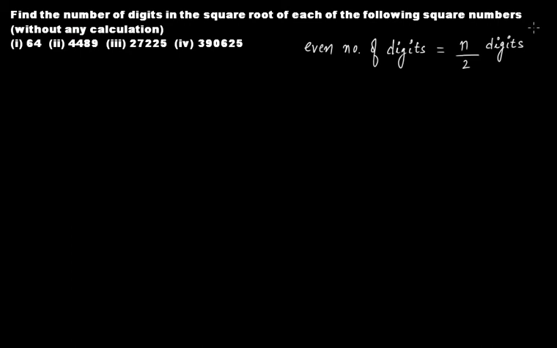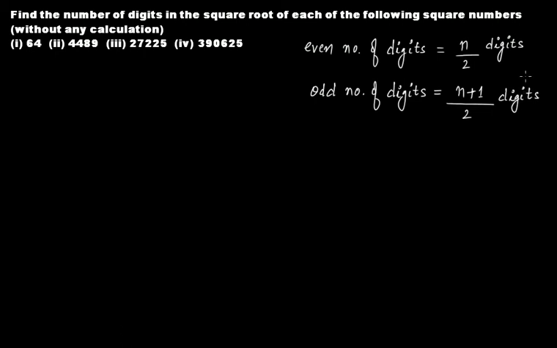We have discussed this one, right? You can find the tutorial in the playlist. I'll put the video link in the description box below. Now, if your square number has an odd number of digits, then the number of digits in the square root will be (n plus 1) by 2 digits.